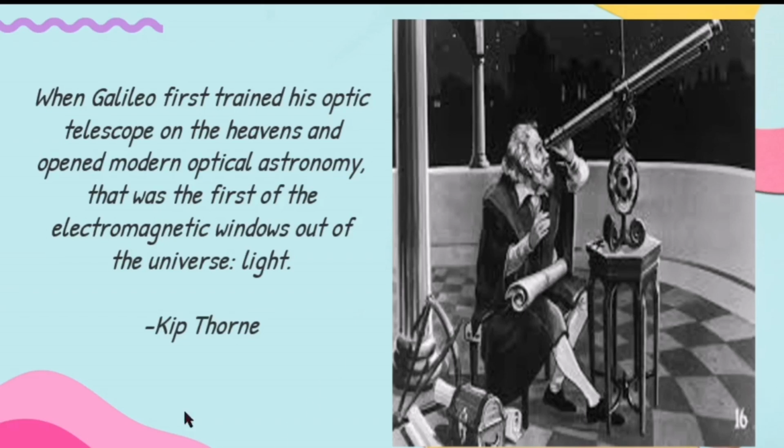Light is a type of electromagnetic wave at doon nag-umpisa rin kung bakit nalaman nila Max Planck, nila Maxwell, and Heinrich Hertz, yung connection ng electromagnetic wave at ng light.